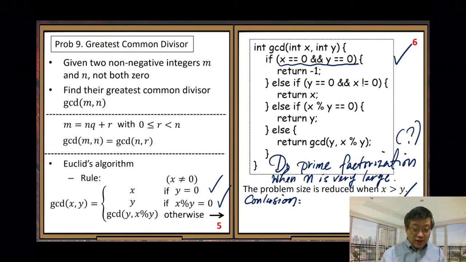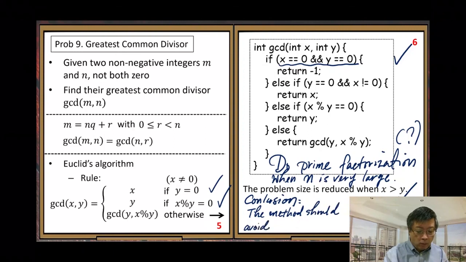So the conclusion: the method should avoid prime factorization.